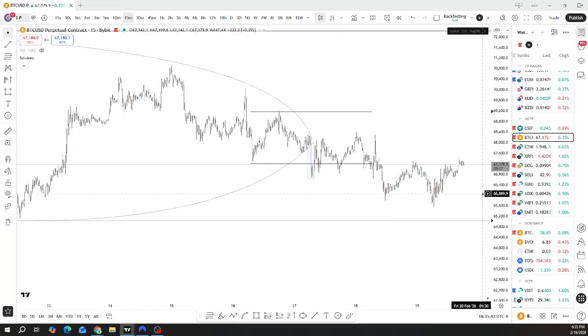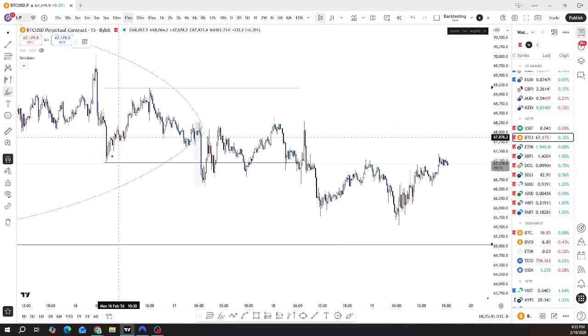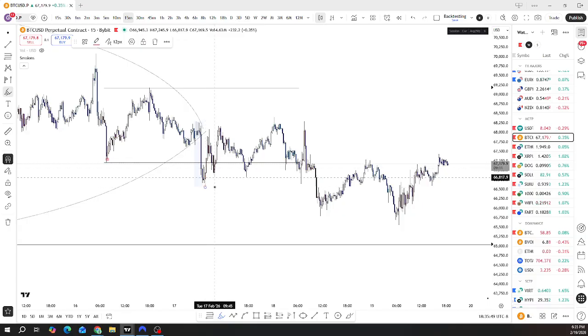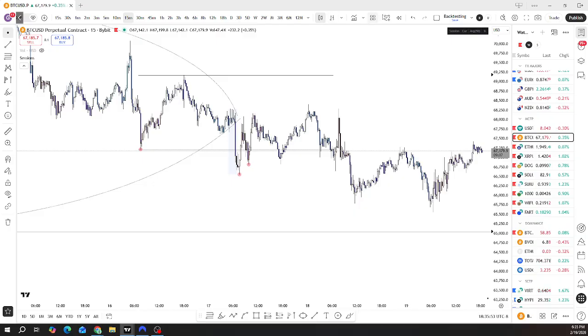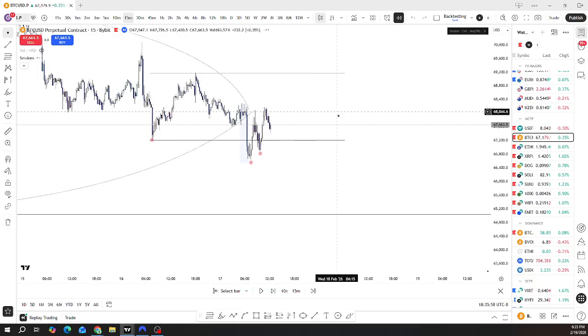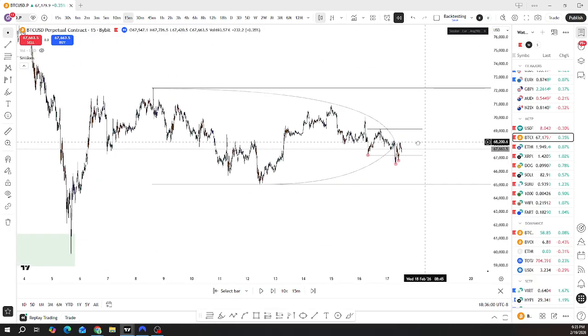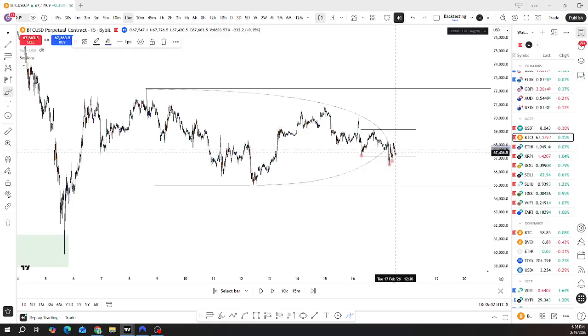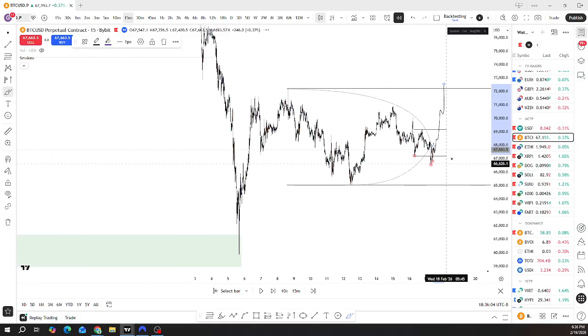Nice contextual environment here. We had the distribution like this, and then price came back for a retest. So this is what we were looking at, anticipating on something like this.